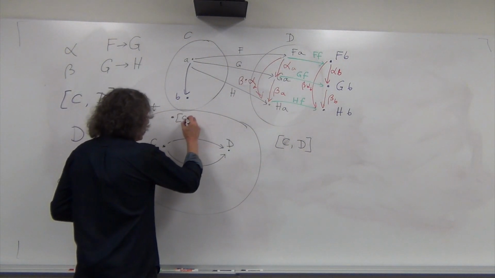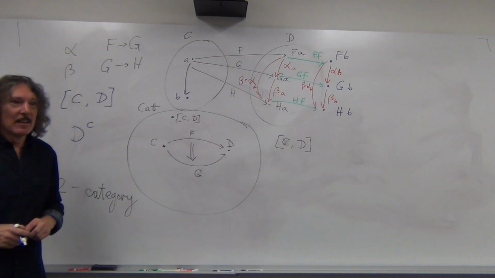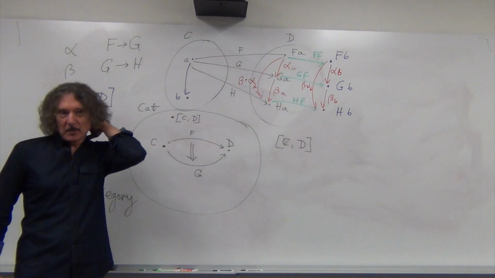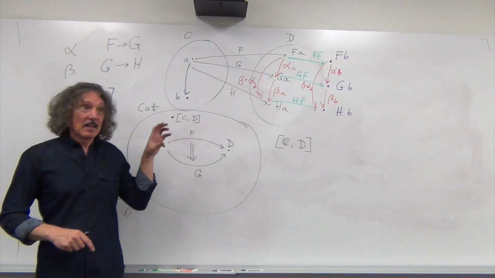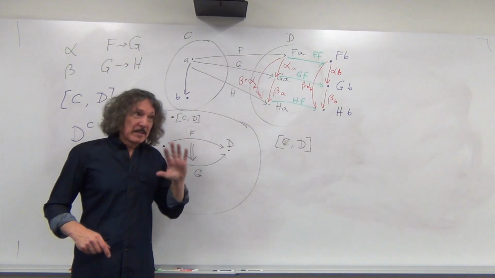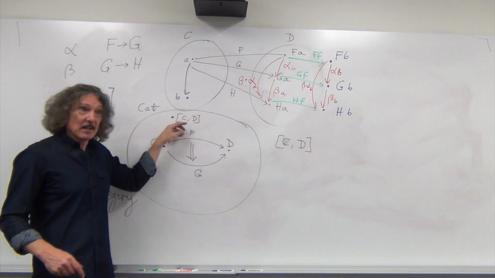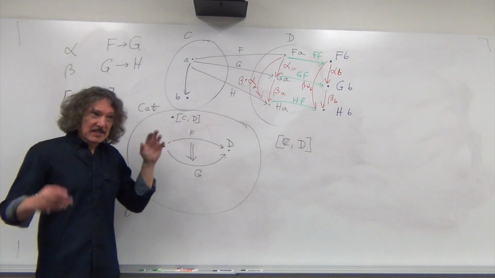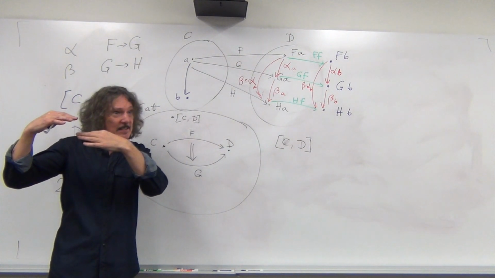So [C, D] is an element in Cat. Okay, but this is very similar to what we had in Set, right? In Set we had that the Hom set is also an element of Set, right? But treated as a set. Here we have a Hom set that's a category, and it's an element of the same category, right? So this is a little bit one step up from what we saw in Set, right?